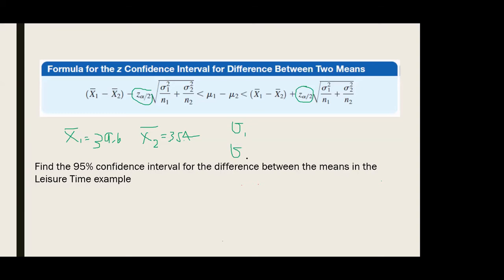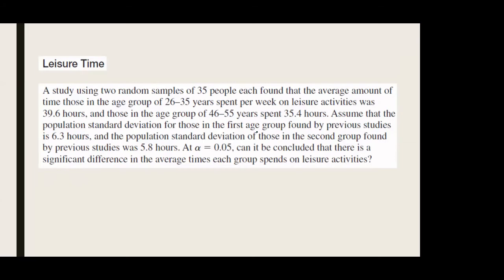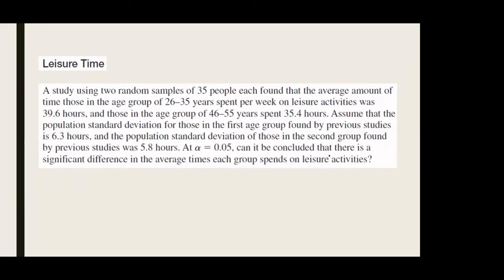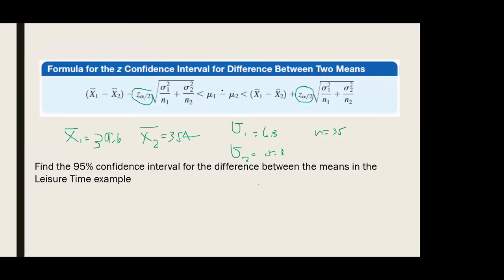Okay, and the two standard deviations, which are 6.3 and 5.8. Okay, and then n is of course what? 35. Because we have here 35 people. Okay, so we can say that this is n1 and this is equal to n2.